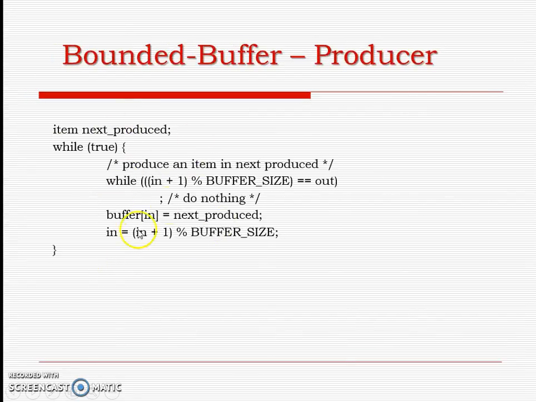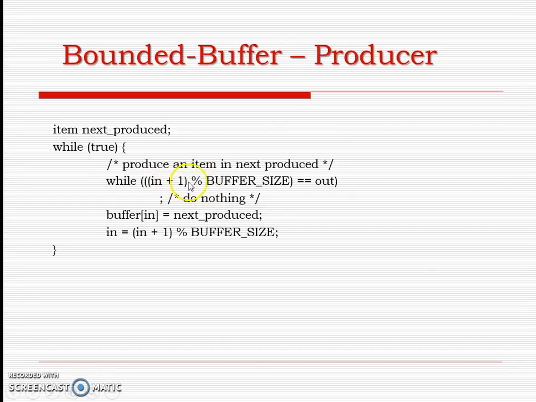Here is the producer code. The value of in is initially 0. Then (0 + 1) modulo the buffer size 10 is 1. Is 1 equal to out? No, the condition is false. Whenever the buffer is full, the producer stops producing data items.